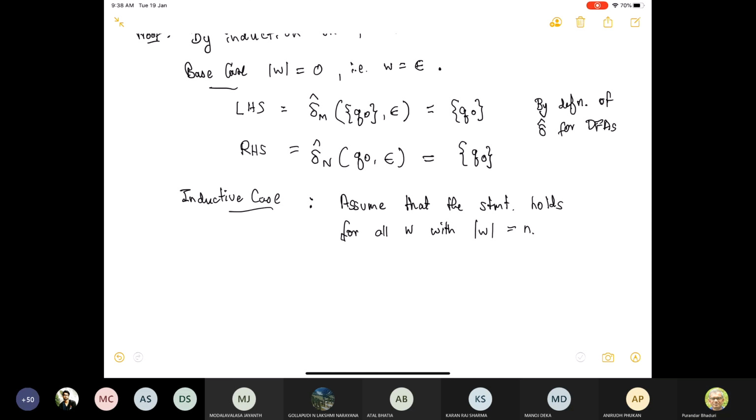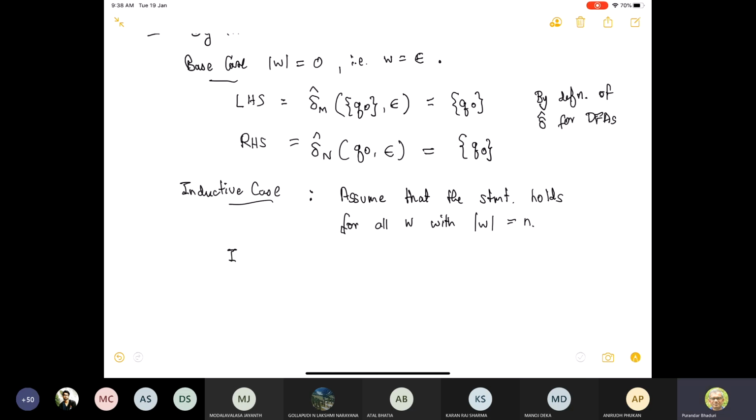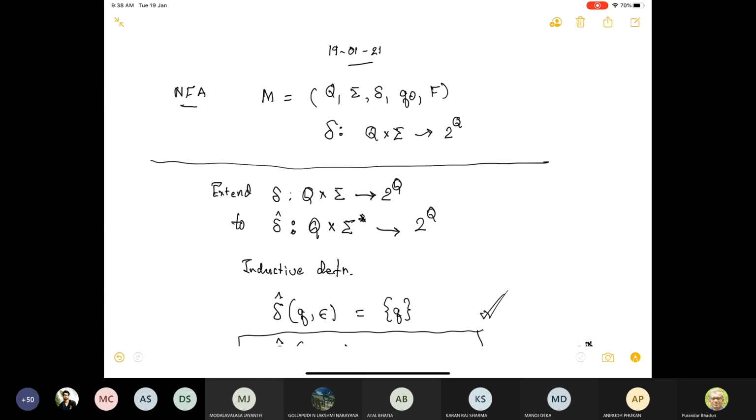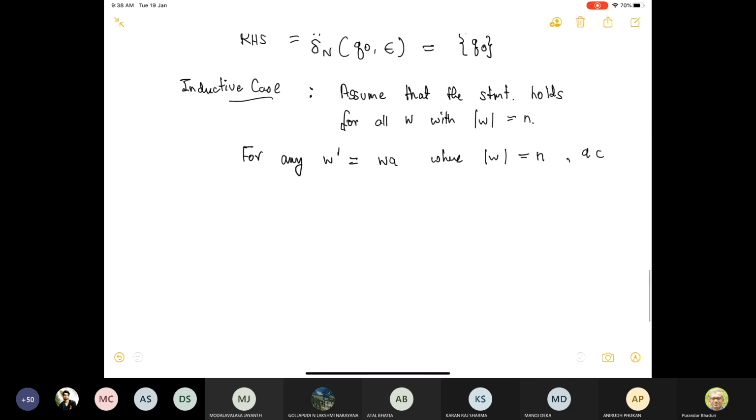So assume, for any string W A, which is of length N plus 1, so A here is a symbol in sigma.